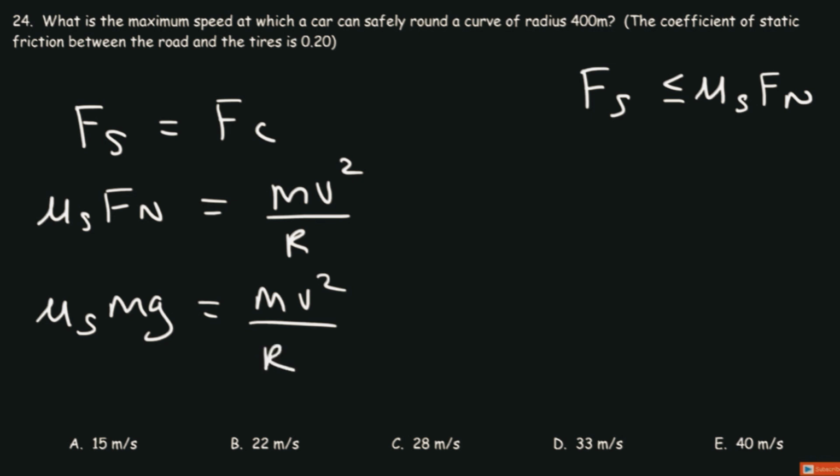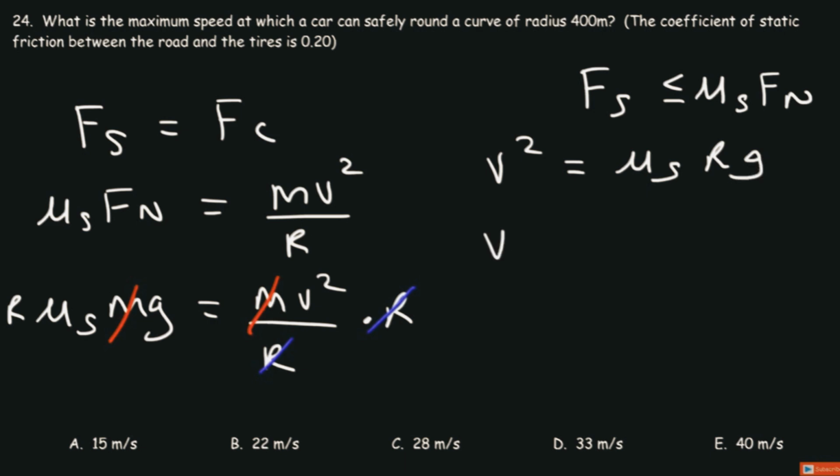Now we need to isolate v. So let's multiply both sides by r. So this will cancel, and so v squared is equal to mu s times r g. So the maximum speed is going to be the square root of mu times the radius times 9.8.